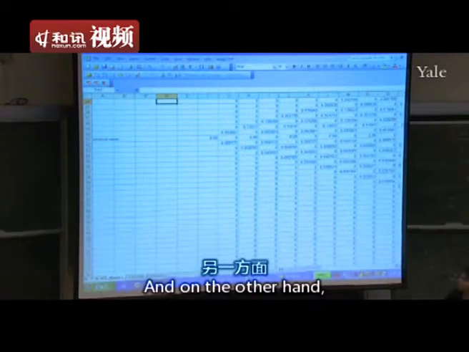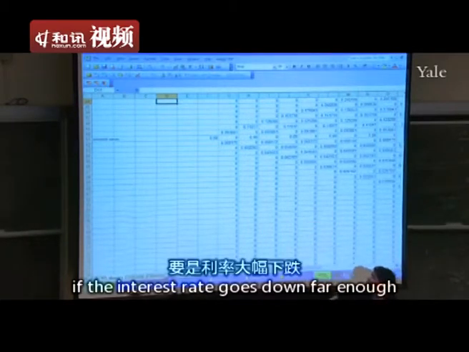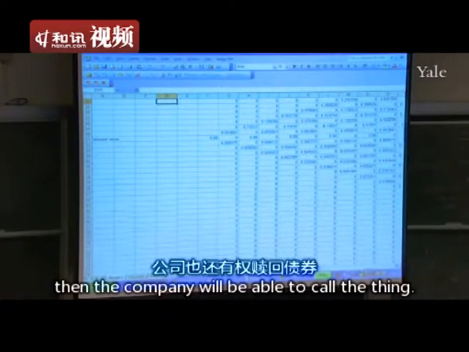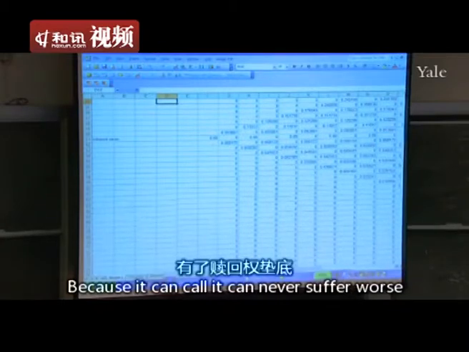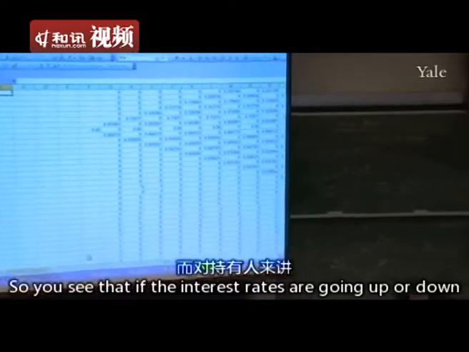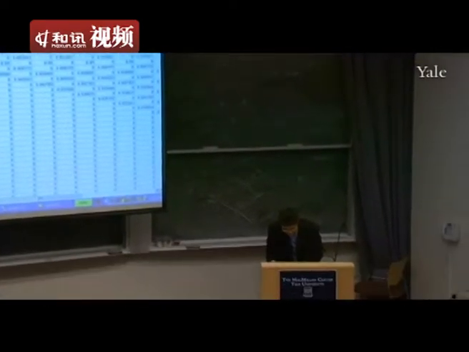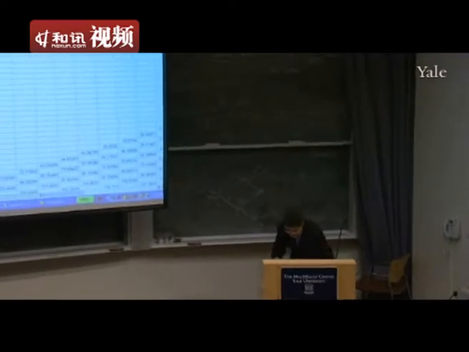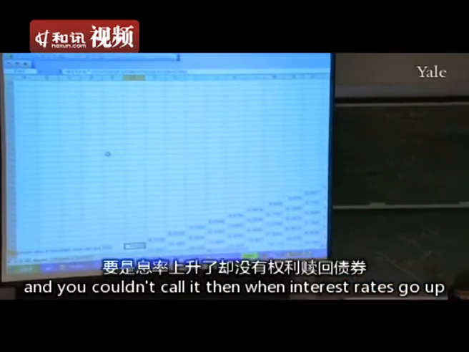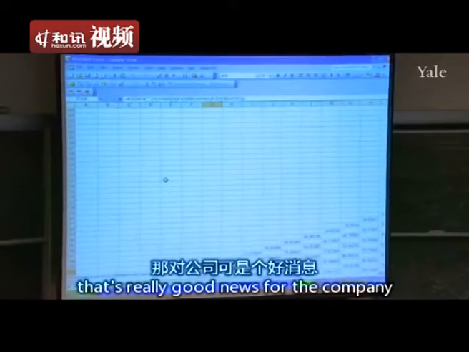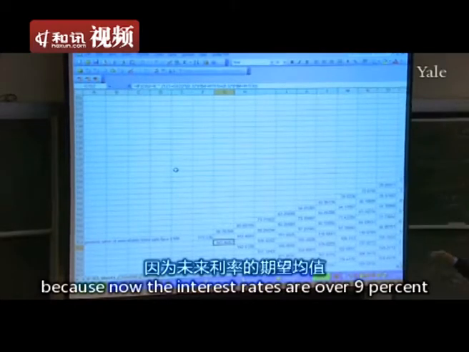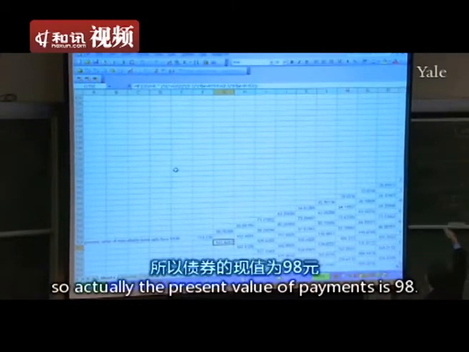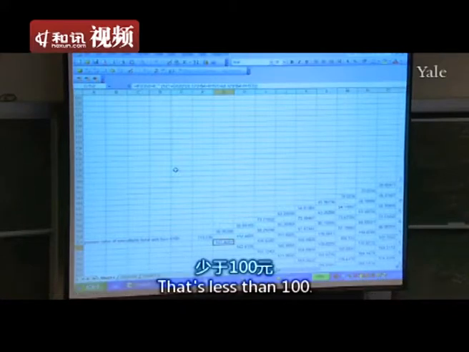And on the other hand, if the interest rate goes down far enough, then the company will be able to call the thing. The present value of the payments, if it couldn't call, would be way higher. Because it can call, it can never suffer worse than having to pay 100. So you see that if the interest rates are going up or down, and you couldn't call it, then when interest rates go up, that's really good news for the company, because now the interest rates are over 9% on average going forward, so the present value of payments is 98, that's less than 100.